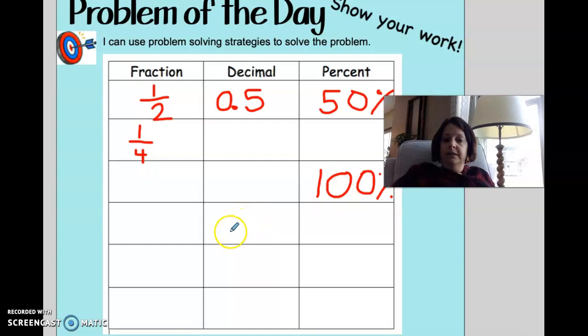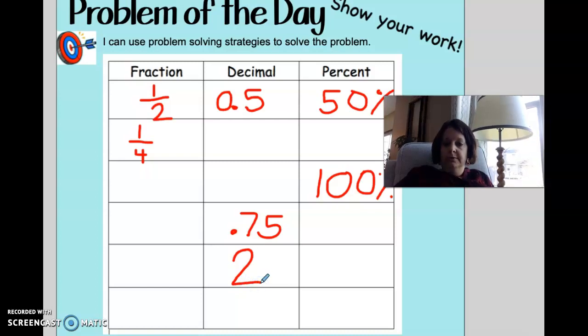Okay, what if the decimal was 75 hundredths? What would the fraction be then? What would my fraction look like if my decimal was 2 wholes?